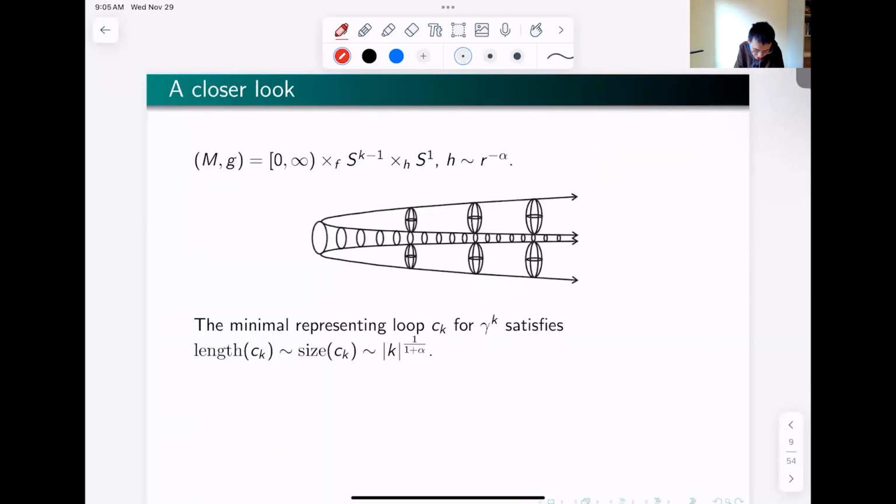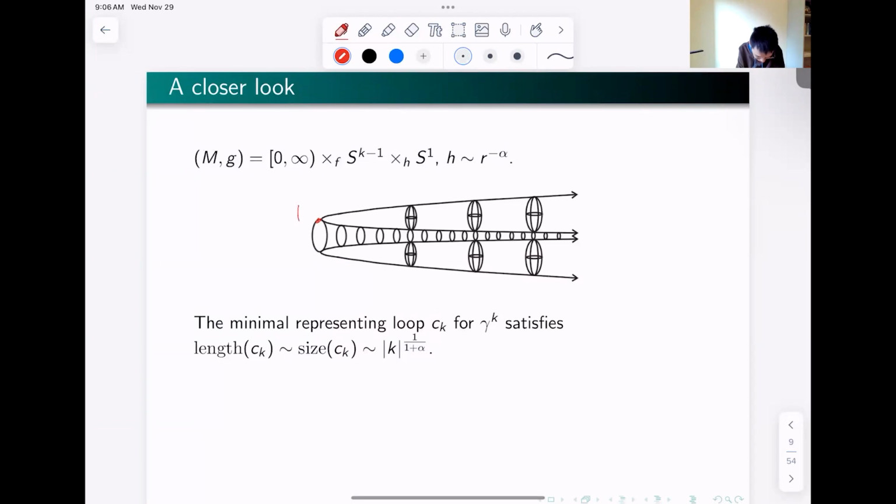If you further assume that this warping function h has polynomial decay like r to the negative alpha, then you can do pretty simple estimates to show that all these representing loops may look like this. Here c_k is the minimal representing loop for gamma to the k. You can estimate that the length of c_k and the size of c_k are all proportional to k to this power.